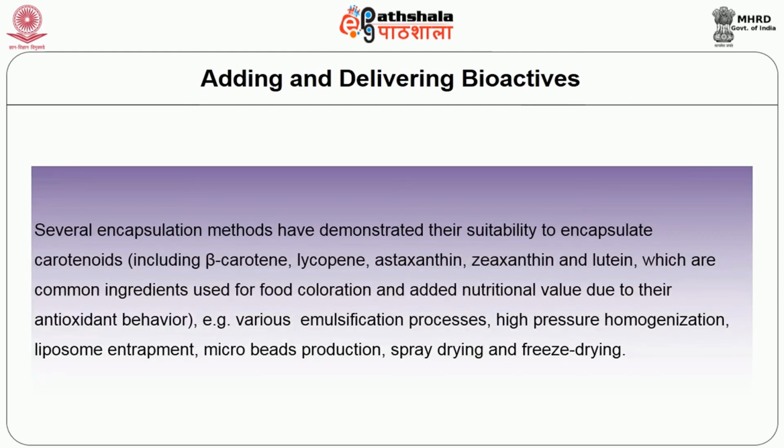Several encapsulation methods have demonstrated their suitability to encapsulate carotenoids and add nutritional value due to their antioxidant behavior. Examples are various emulsification processes, high pressure homogenization, liposome entrapment, microbead production, spray drying and freeze drying.